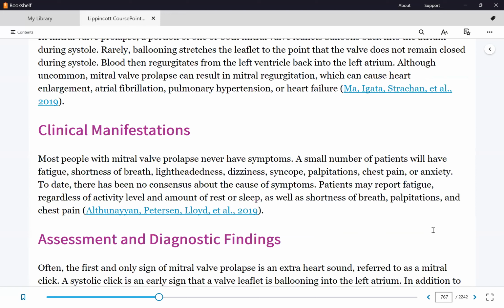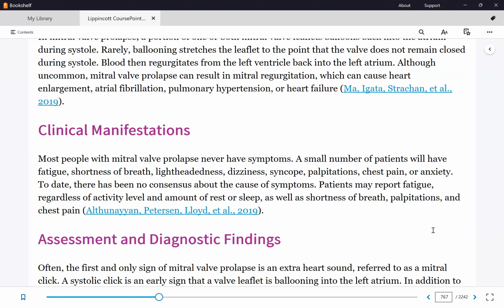Now, the difference will be based on where the valve is located. If it's the mitral valve, what type of heart failure will the patient manifest? Left side or right side? Left side, because the mitral valve is on the left side. Make sense? And when it's the tricuspid valve, what type of manifestations will the patient have? Right side heart failure. Simple as that.